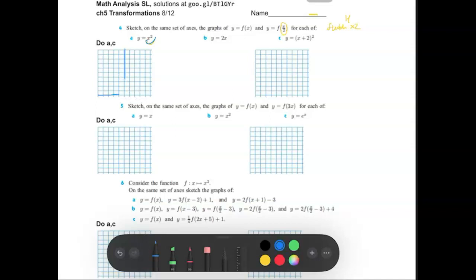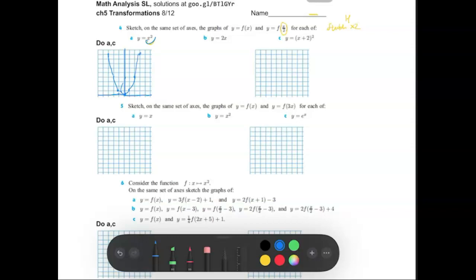I'm not very good at doing this yet. Okay, so y equals x squared looks like this. Something like that.